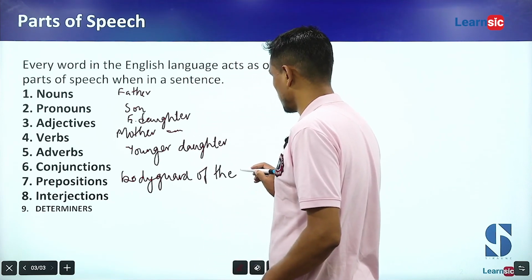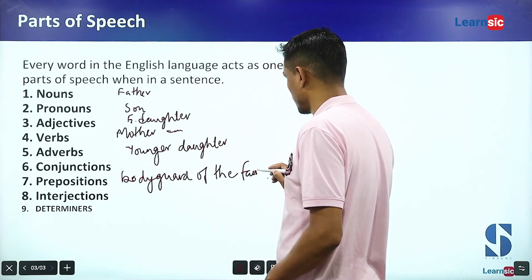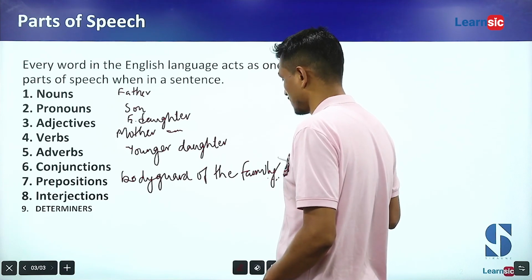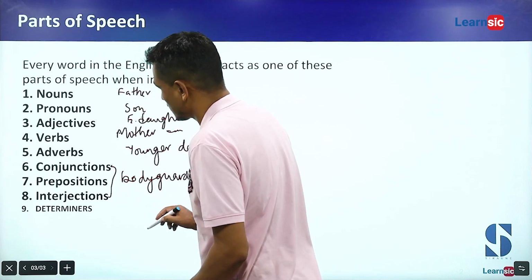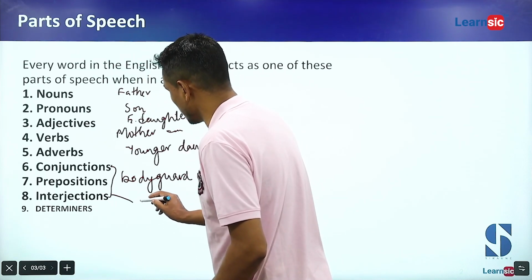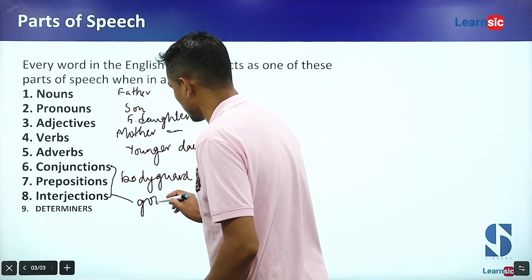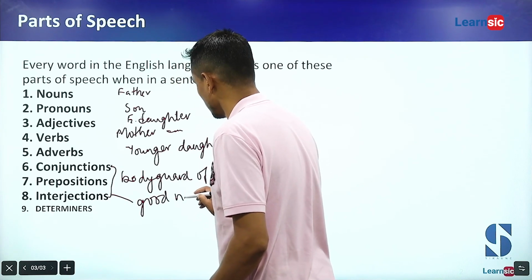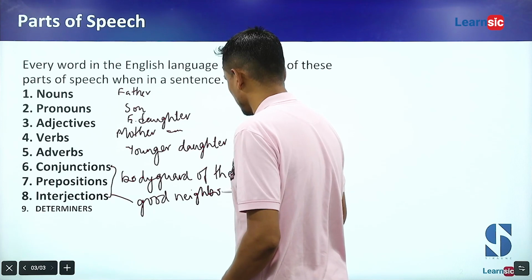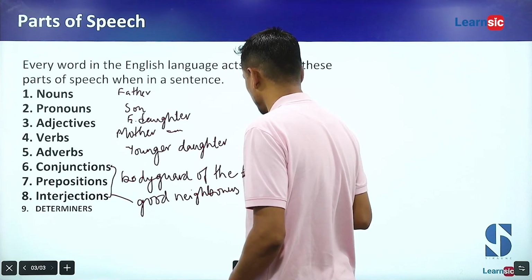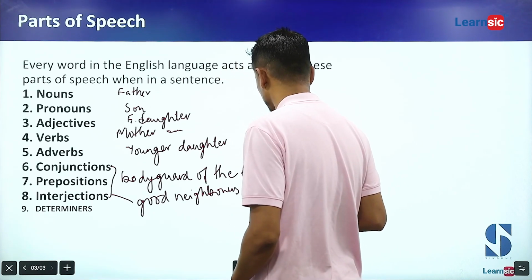Interjections and conjunctions are the good neighbors of the family.